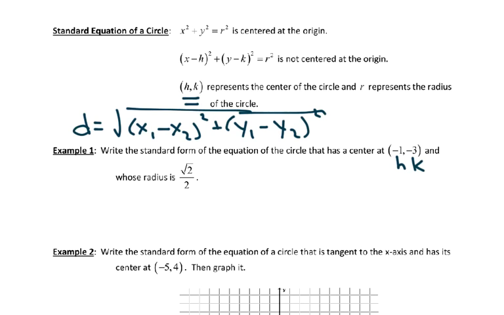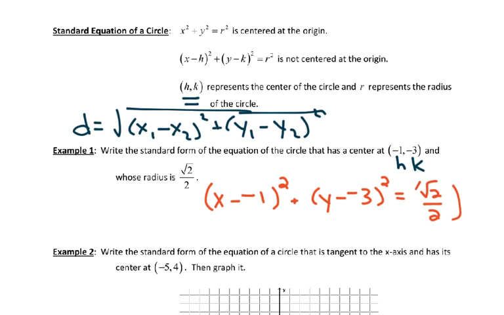So when we plug into the circle formula, it's going to be x minus h, which is -1, plus y minus k, which is -3, is equal to the radius squared. And then we're going to simplify this. Remember, your double negatives make positives, so this is really x plus 1 squared and y plus 3 squared.